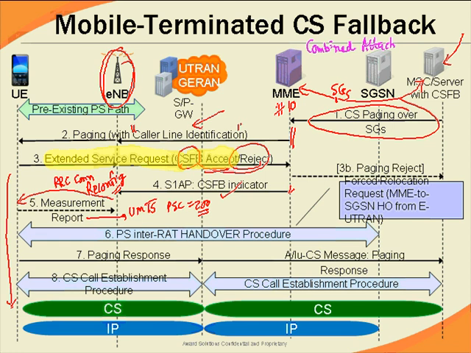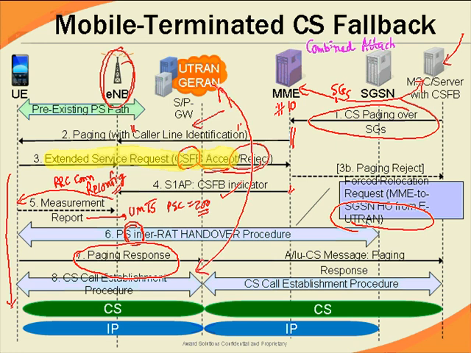If we have support for packet switch handover, we will do that. Otherwise, we will just make the data dormant. The command that we send to the UE is mobility from E-UTRA.